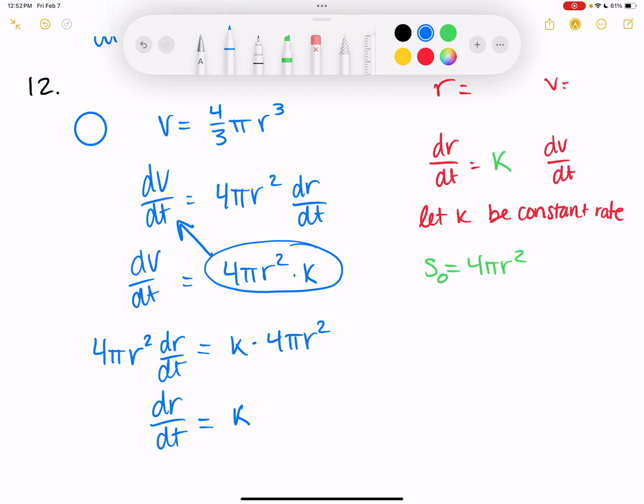Yes, but we're trying to show that that is true. Oh. Okay. It's a weird problem, like I said. Because technically then we could say dV dt equals K times S sub sphere.